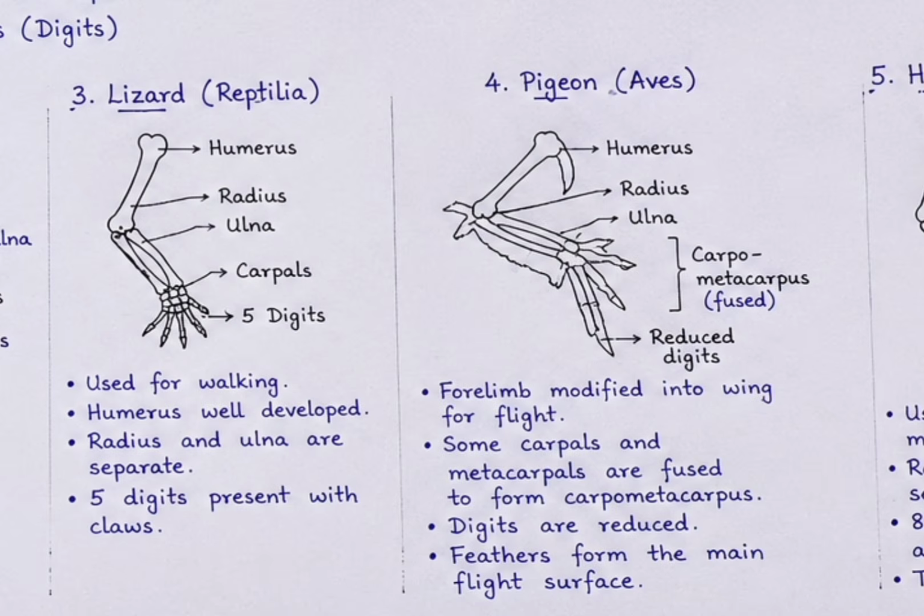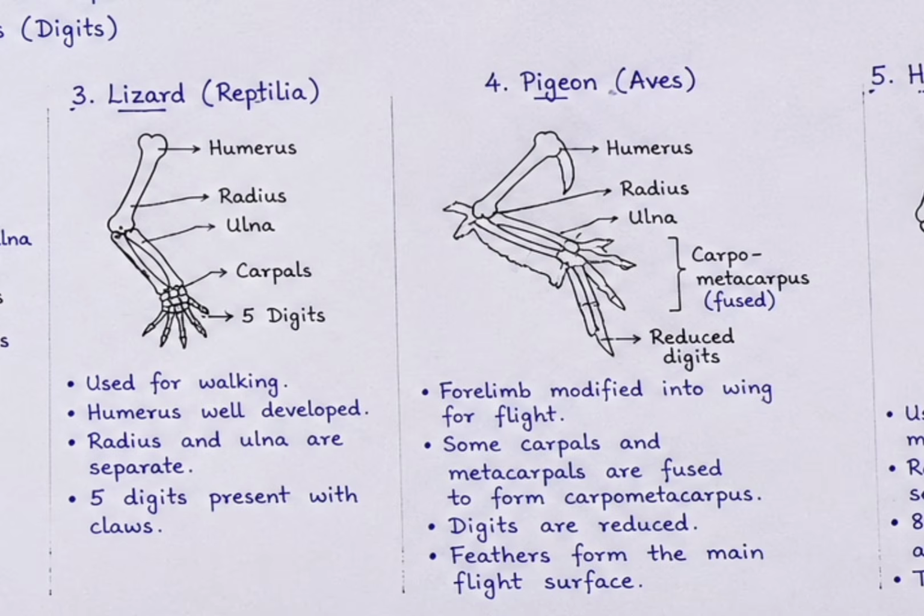Fourth point, five digits are present with claws. This is quite opposite to the frog, which has no claws. The claws in lizards help for grip, and the digits are important because they give support to attach to a wall. These are the main points for lizards.